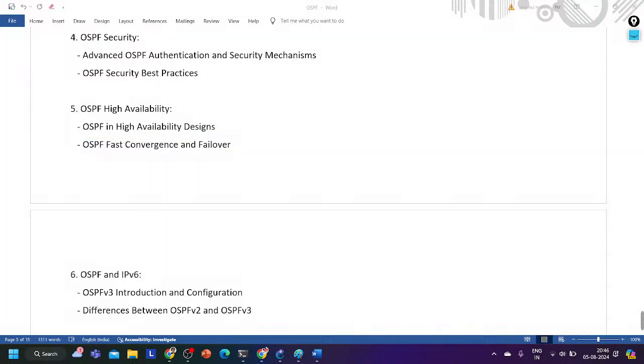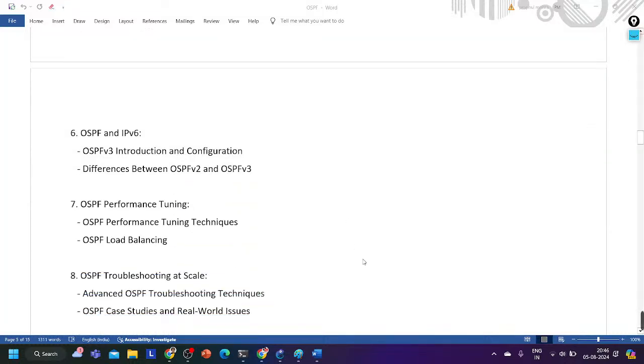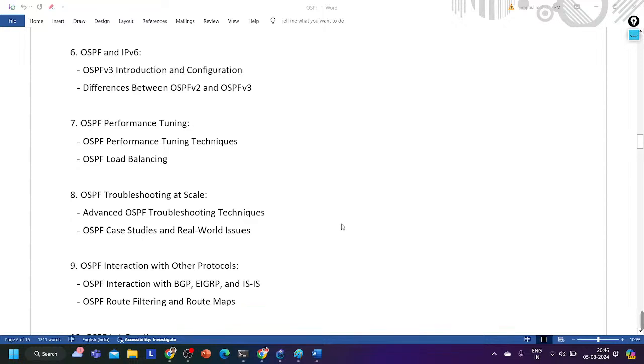Advanced concept. Then OSPF with IPv6. So till now we didn't discuss anything about IPv6. When I discuss IPv6, we'll implement all dynamic routing protocols like EIGRP, RIP, OSPF with IPv6. Then you will learn how to configure routing protocols in the IPv6 network, right?